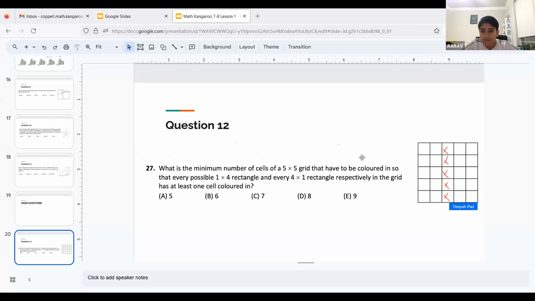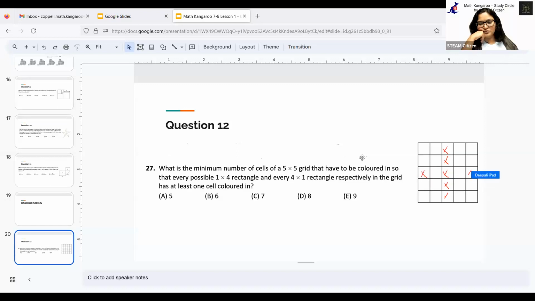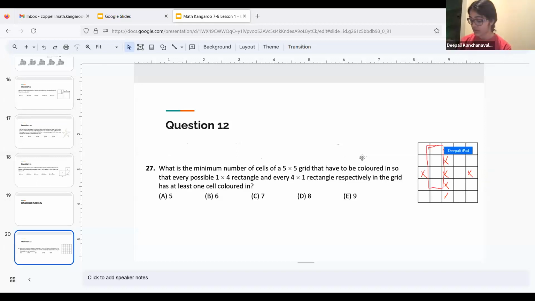And then I colored the 2 in the middle of the left and the middle of the right. No, the complete left and the complete right. The entire middle row. Yeah, like that. Hey, but what about this? It doesn't have any color. Oh wait.